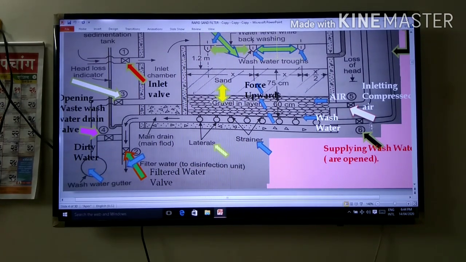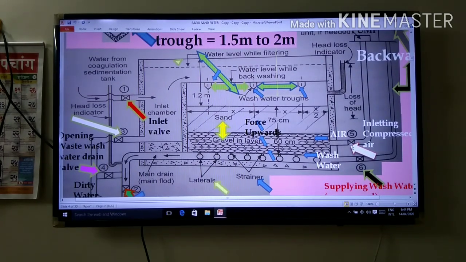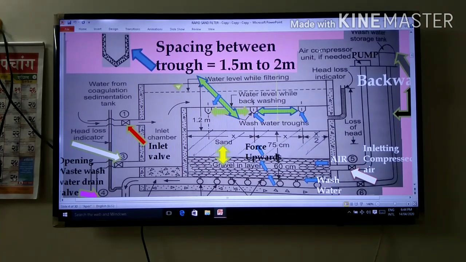The other valve is valve number 5. See, this valve number 5 is provided for inletting compressed air. This is the white arrow. It is coming from the upper side, where an air compressor unit is provided. Through this valve, air enters the gravel.